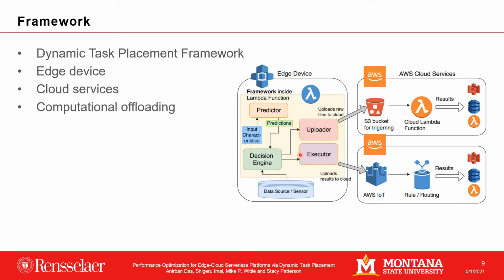In case of edge-only pipelines, the edge device itself will execute the entire workload, and it will then upload only the results to the public cloud, and then this will get stored in the public cloud storage, or it may also be routed to other third-party applications available in the cloud. So one thing to note here is that both at the edge device as well as in the cloud services, our execution happens inside serverless functions.